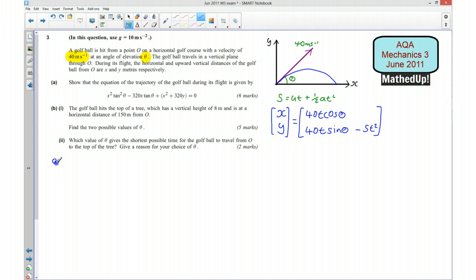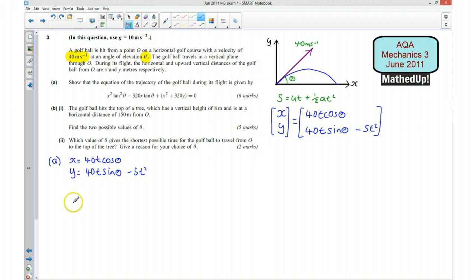Okay, so over here for part A, we need to show that the equation of the trajectory of the golf ball during its flight is given by this equation here. So I know that x is equal to 40 t cos theta, and I know that y is equal to 40 t sine theta, take away 5t squared.